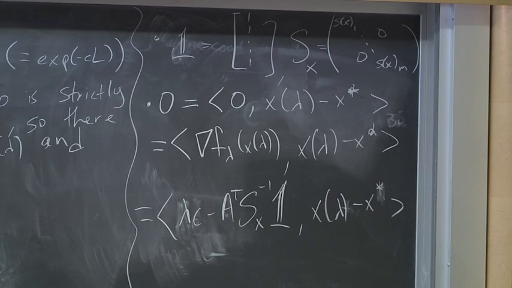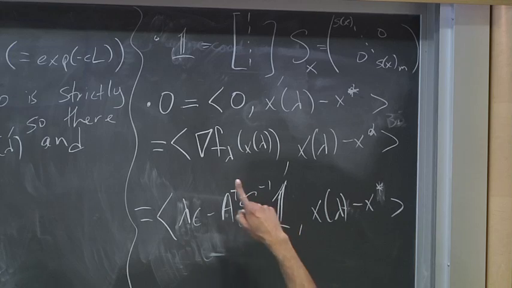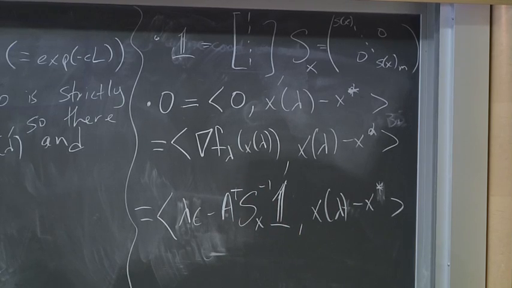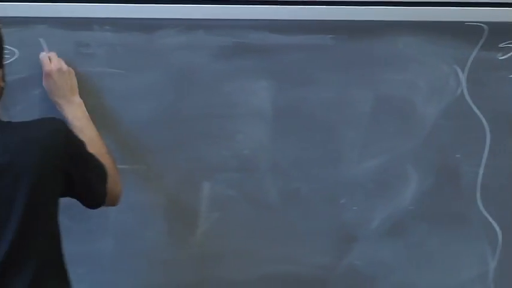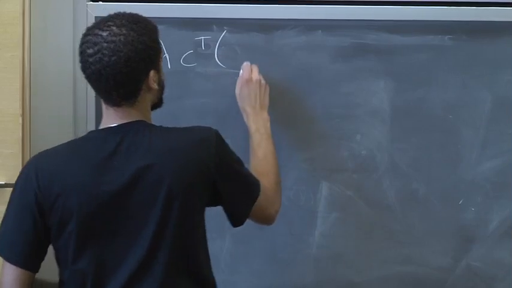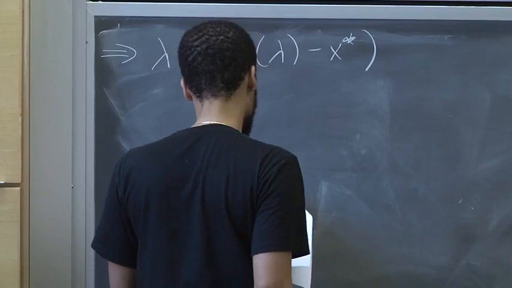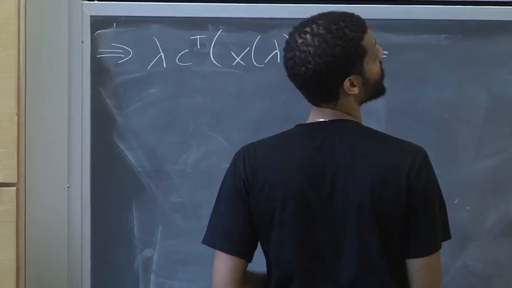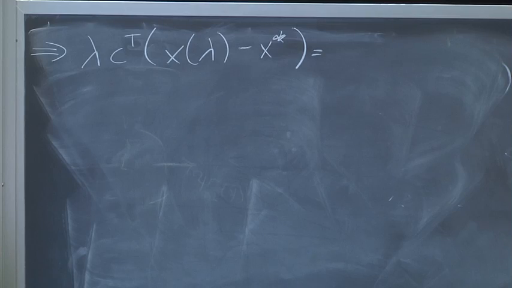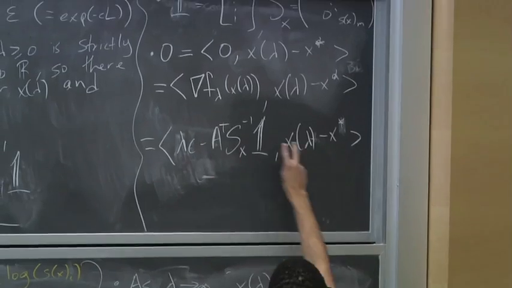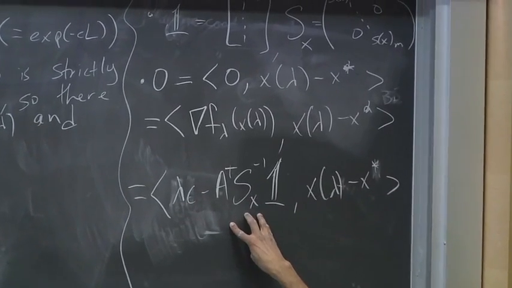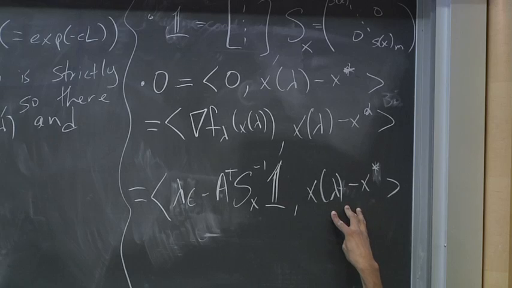Just remember that all of this is equal to 0, which implies that lambda c transpose x of lambda minus x star is equal to, so you have two terms here. You have lambda c transpose times this thing, and then you also have this vector dotted with this thing.